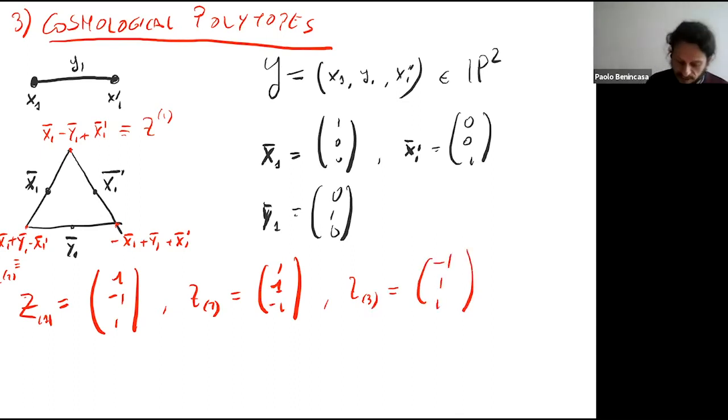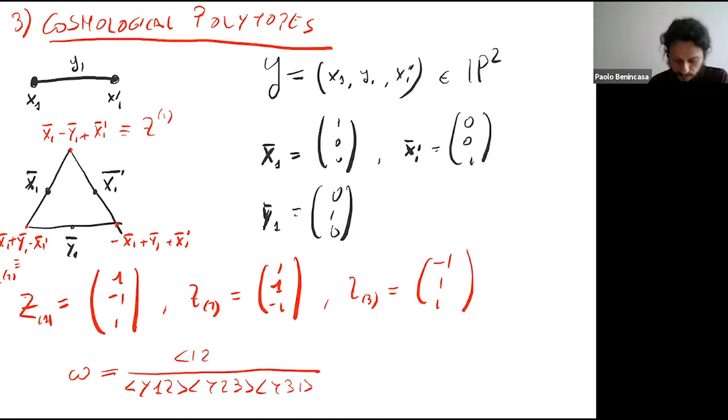For everything I said earlier, to this triangle you can associate a differential form, which is given by the planes identified by all these vertices, Z1, Z2, and Z3, which I write in a very generic fashion, where, if you remember, these angular brackets are just contraction of these vectors through a Levi-Civita symbol.